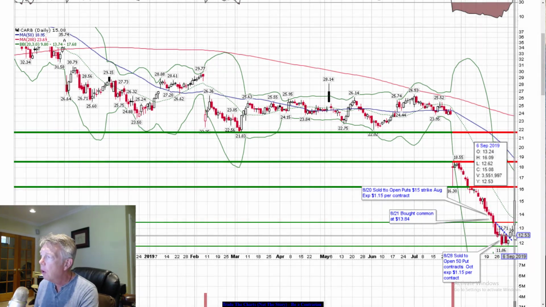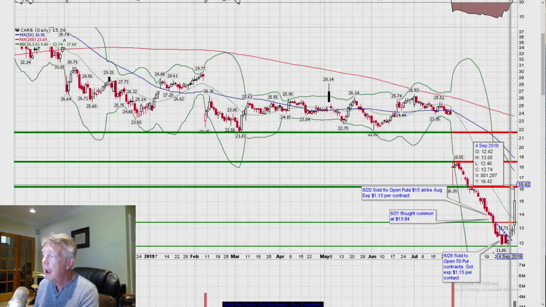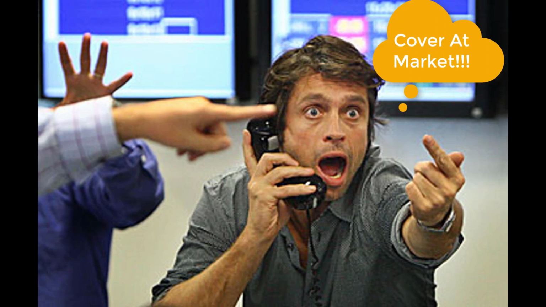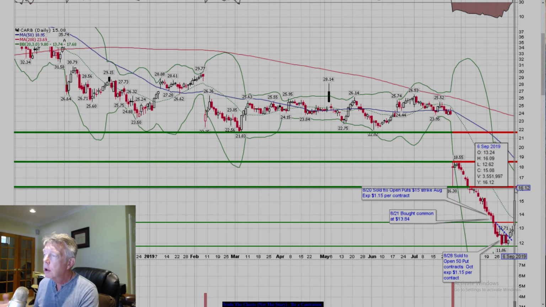And then fast forward to Friday, a news item came out that the company was seeking buyers to buy them out because they have a lot of debt, and the shares just took off. Now, you might be saying, why didn't you wait for the buyout? They're hoping that somebody's going to want to buy them, right? They have a lot of debt, Carbonite.